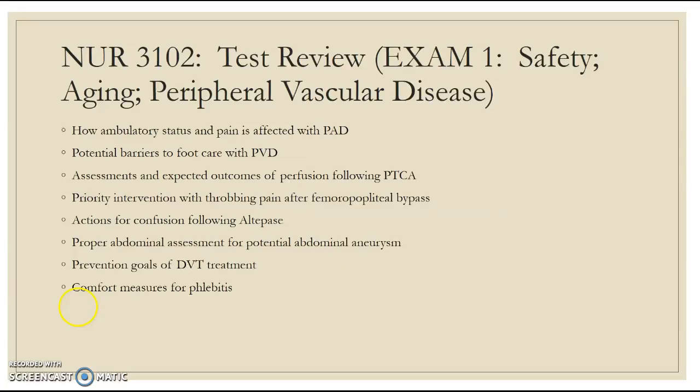In terms of intermittent claudication, we know that patients with peripheral arterial disease will have pain with ambulation that gets worse the longer they're up and moving, and then sometimes it will improve with rest, or that's the typical. Occasionally you have somebody that has more constant pain, but the norm is that it's usually relieved a little bit with rest.